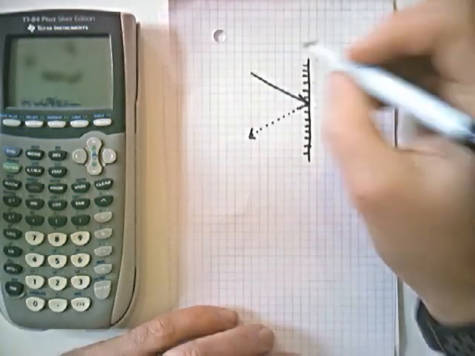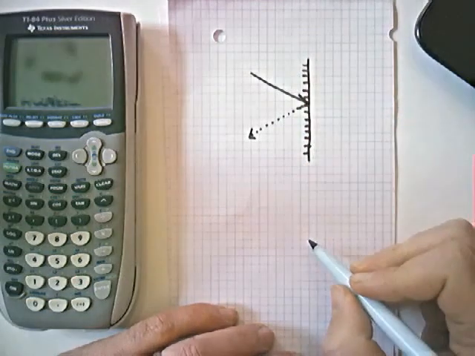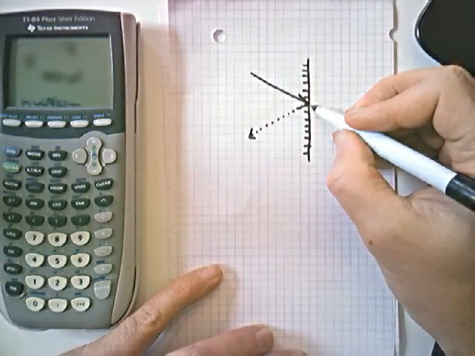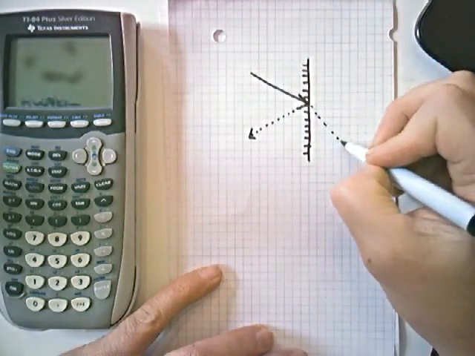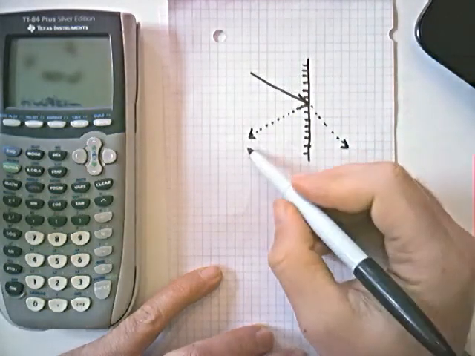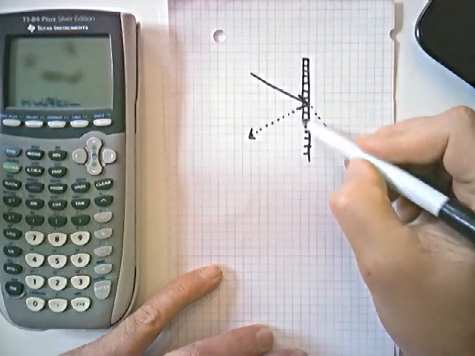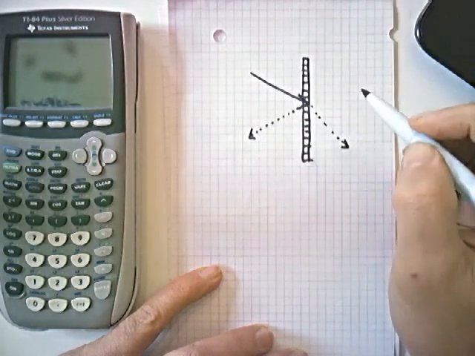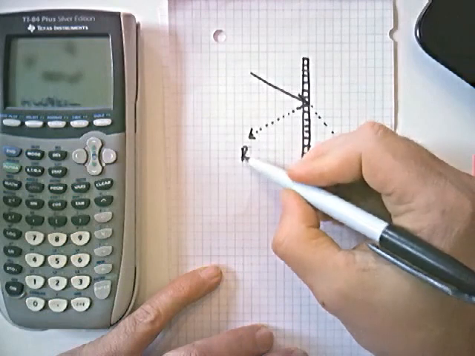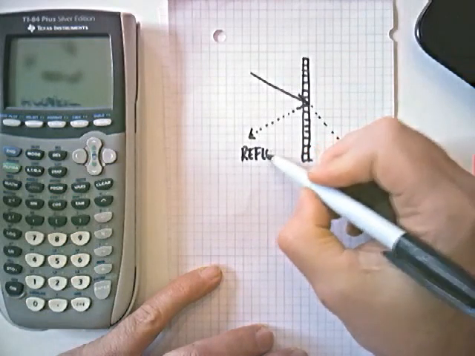We're also going to talk about what happens when light goes through something. When light goes through something, it has to be a transparent material like glass, and then it gets a different name. When it bounces off, we call that reflection.